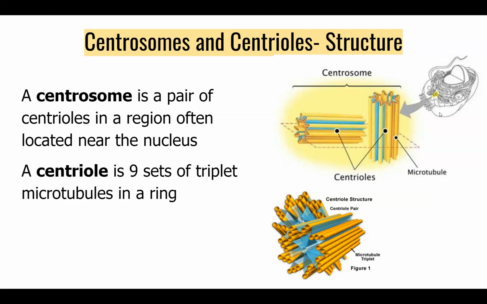So each one of these has 3 coming off of it. Now theirs are a little bit more like crisscrossed, but essentially this is our centriole. 2 of these makes up our centrosome. So we've got microtubules making up the centriole, making up the centrosome. Lots of words that sound very, very similar.